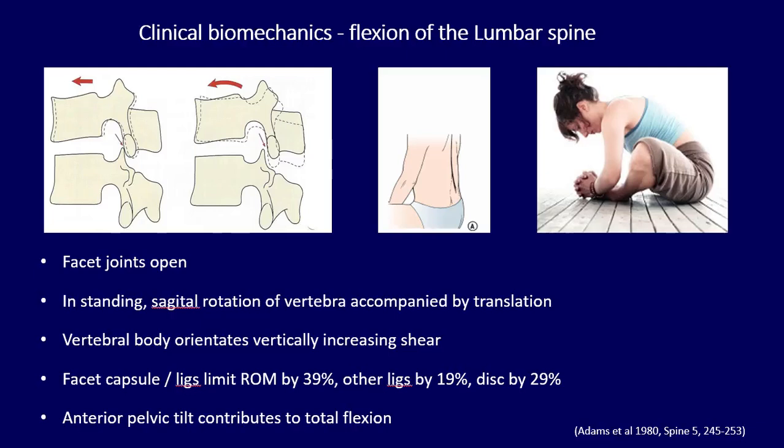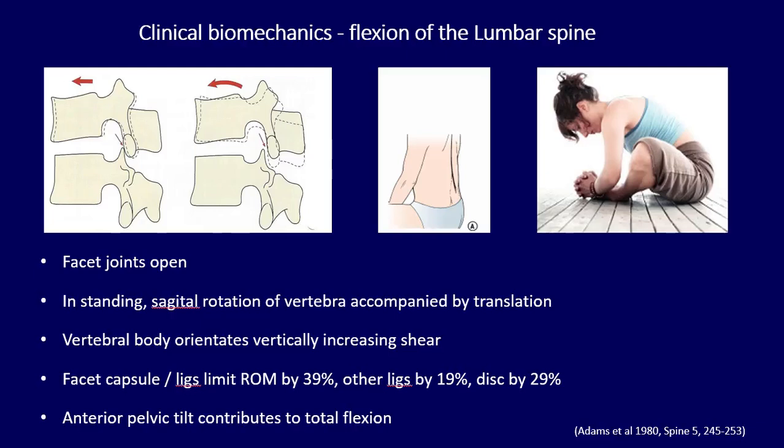As we move into flexion, the spinal disc becomes compressed and alters its shape, while the facet joint opens up. As the facet joint opens up, it creates a gap, and that gap is increased from the normal volume of the facet joint, which is 2 millimeters of fluid.